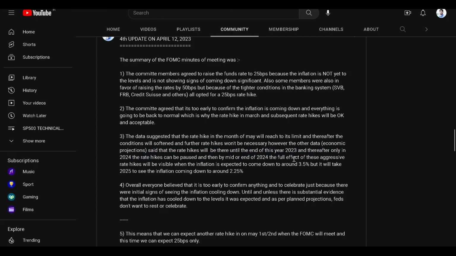So although some of the committee members were saying that after the rate hike of May 2023, any more rate hikes might not be needed, the economic projections data said that a few more rate hikes until the end of 2023 will be there, and thereafter, in 2024 or by the end of 2023, there will be a pause in the rate hikes, or the rate hikes will be stopped.